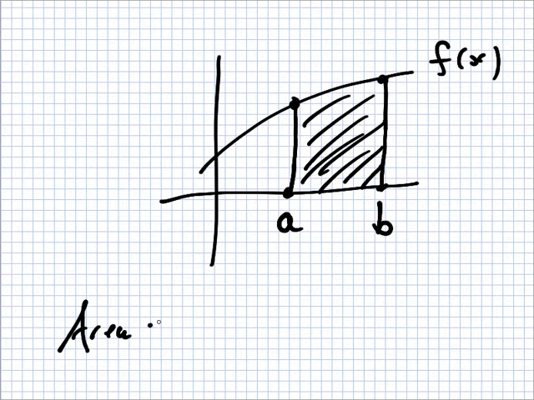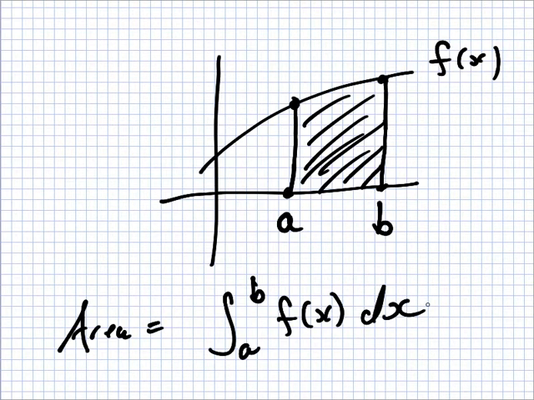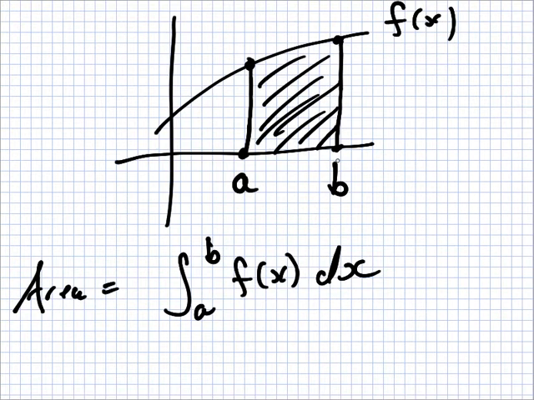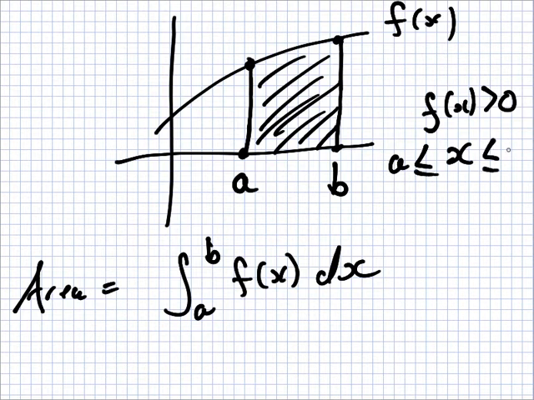Area is the integral from a to b of f(x) dx. This is very, very useful. Although there is one condition I must state here. This only works provided that f(x) is positive when x is between a and b. And that's a big condition. This formula breaks if f does not stay positive.